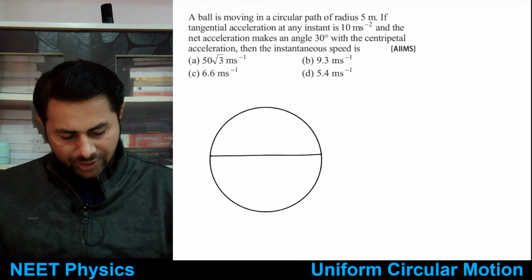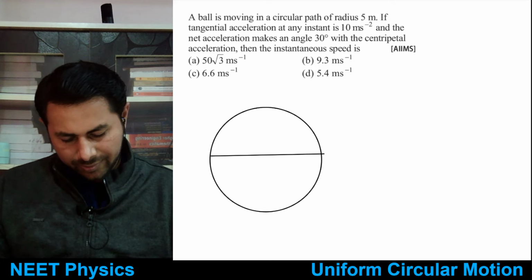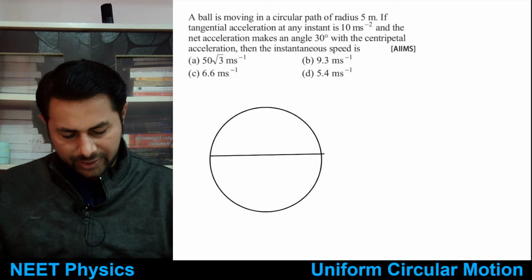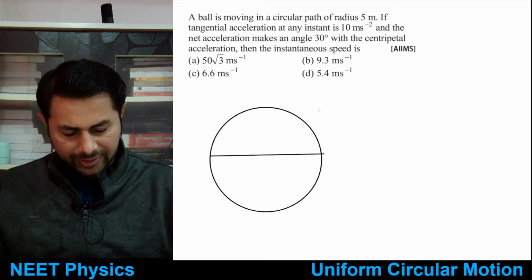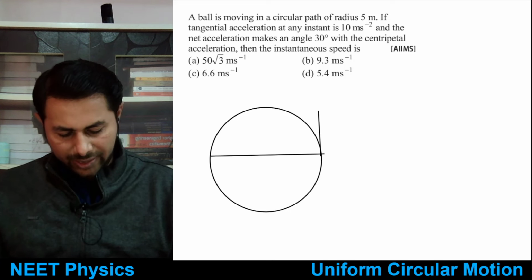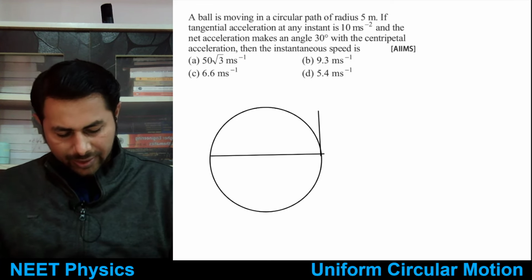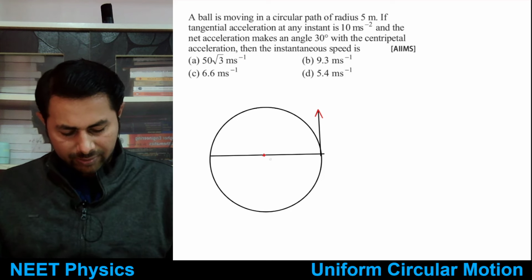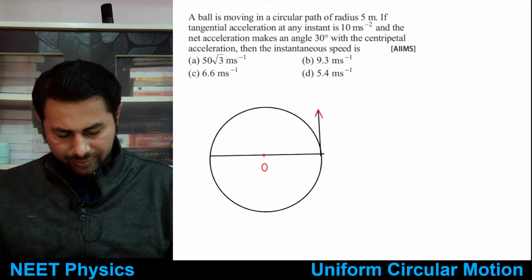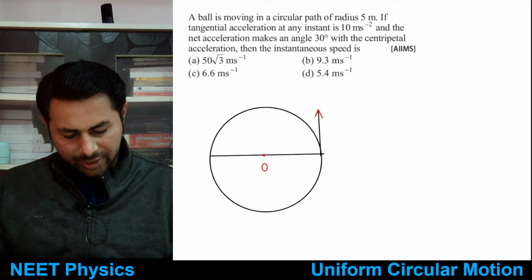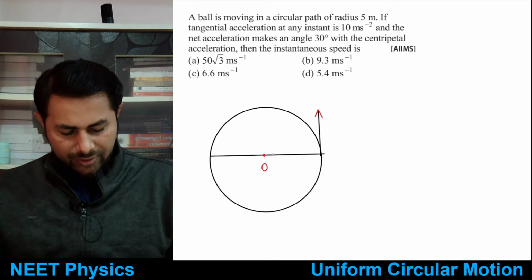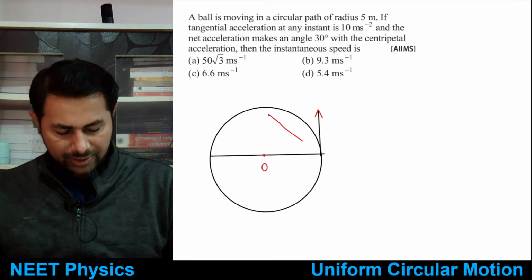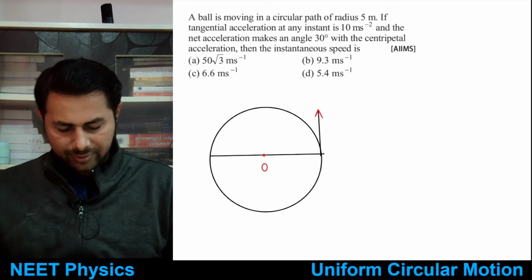What's given? Tangential acceleration at any instant is 10 meters per second squared. So let's suppose this is tangential acceleration, 10 meters per second squared, and something else is also given, that net acceleration makes an angle of 30 degrees. So net acceleration is something like this.